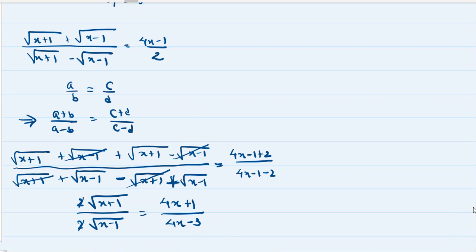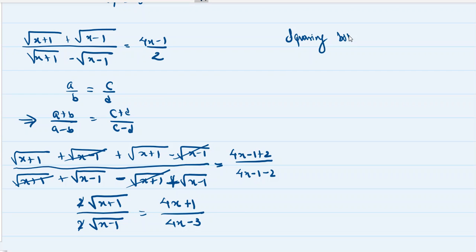I'm just thinking whether we should square both the sides first and then do componendo dividendo, because under the root it will be difficult. Okay, so let's do squaring both the sides. We have to come to a decision.